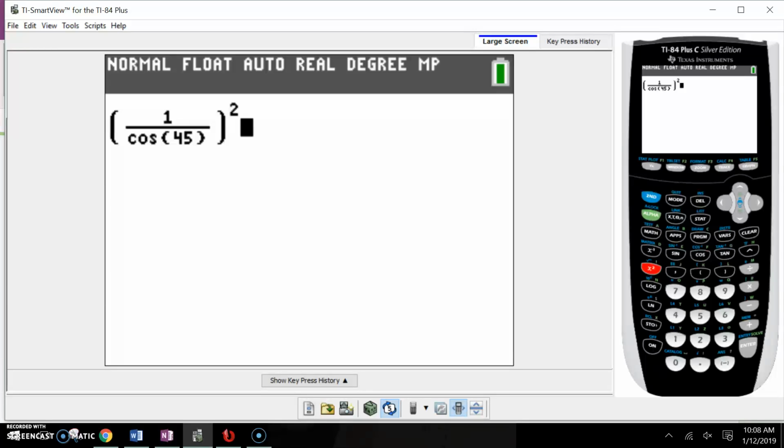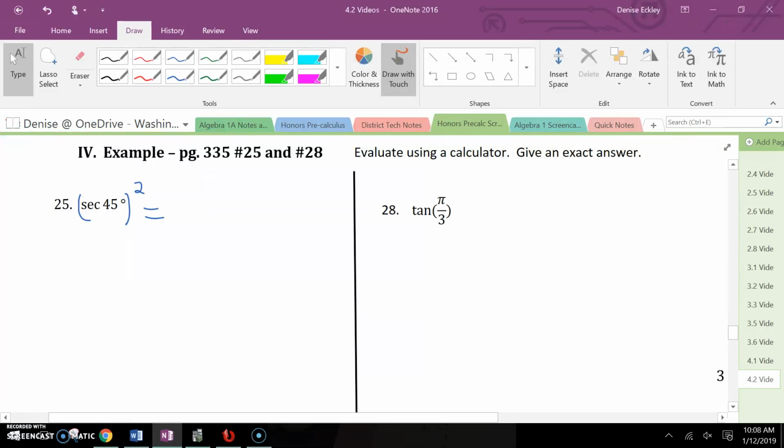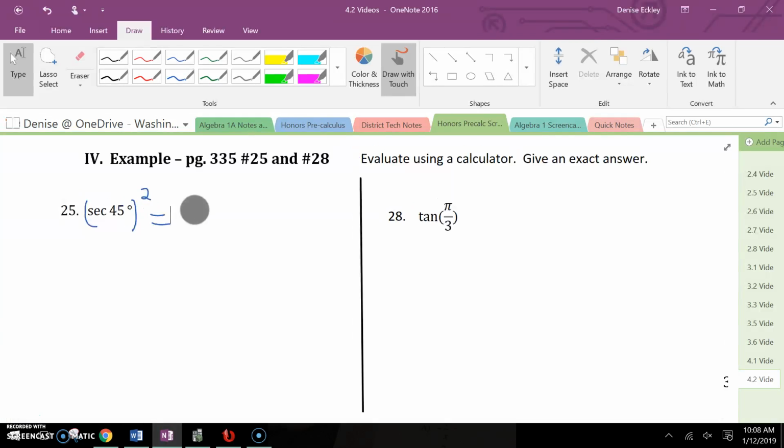And then when I hit enter, I get a value of 2. So I can say that secant of 45 degrees squared is 2. That means that secant of 45 degrees is the square root of 2.